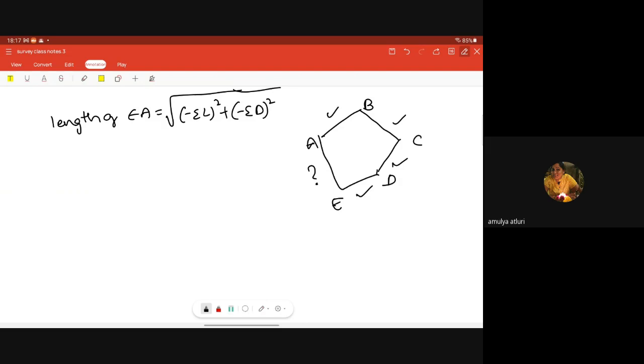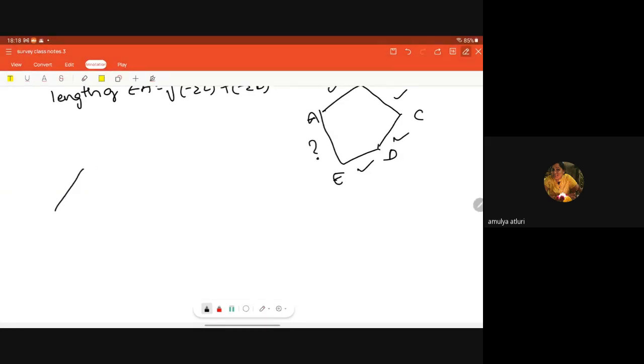So first, if my length and bearing of one side is missing, then how do I calculate? Like this. Next, length of one side and bearing of adjacent side are omitted. This is case 1 and this is your closing line.